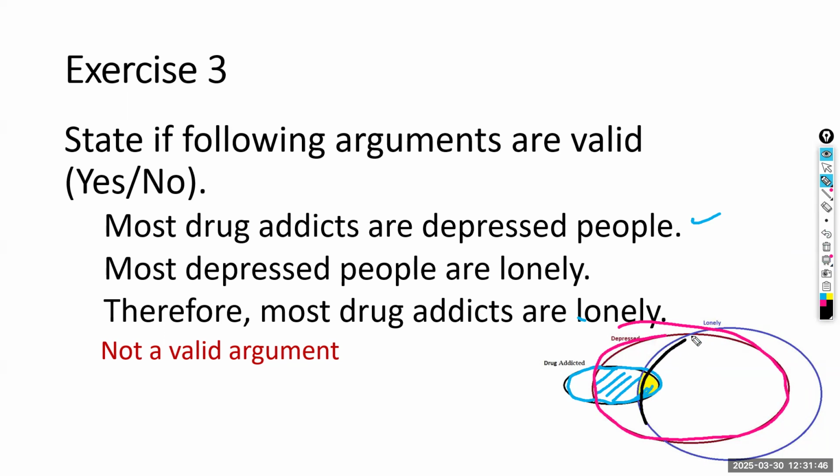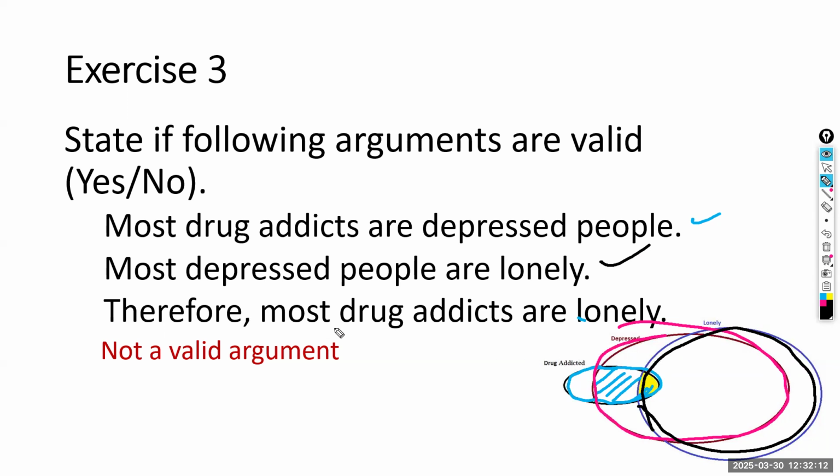So red is depressed, and you can see that most of these red circle guys are in the black circle. Black circle means lonely people. So now I have drawn this satisfying both of these. Most of the red guys are in black. Most of the blue guys are in red.